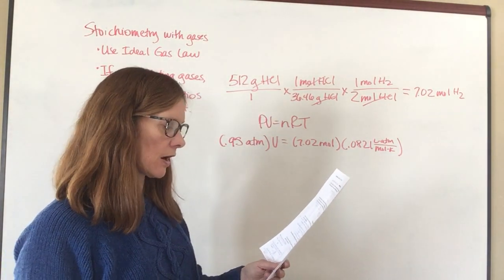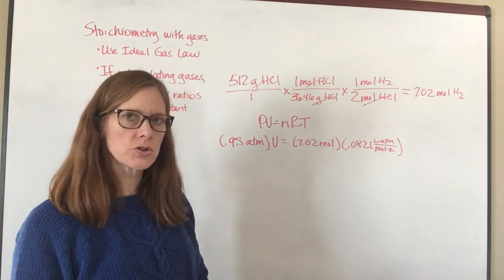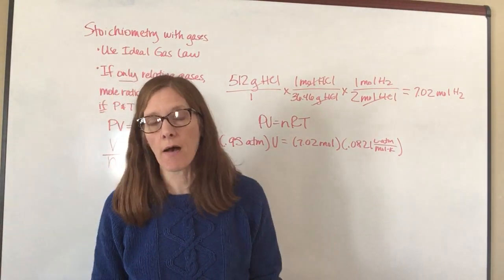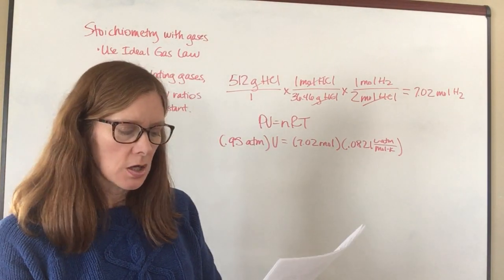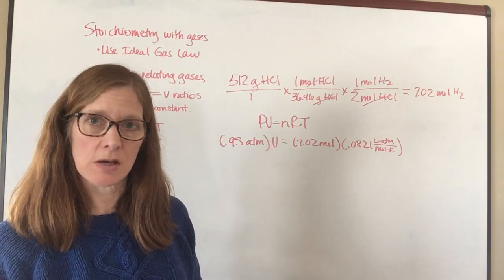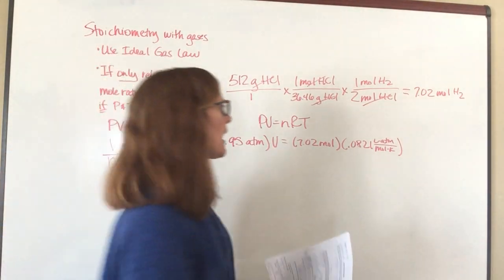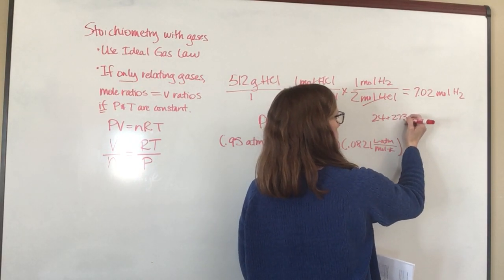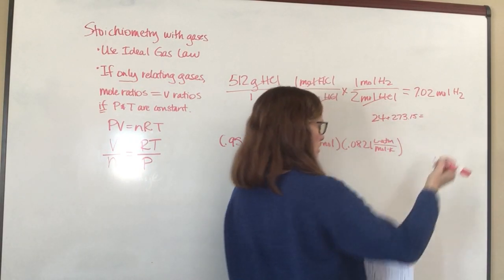It tells me that I'm at 24 degrees Celsius. Remember, you cannot use Celsius, you have to use Kelvin in all gas laws. So I'm going to take that 24 degrees Celsius and add it to 273 to end up with my Kelvin temperature.